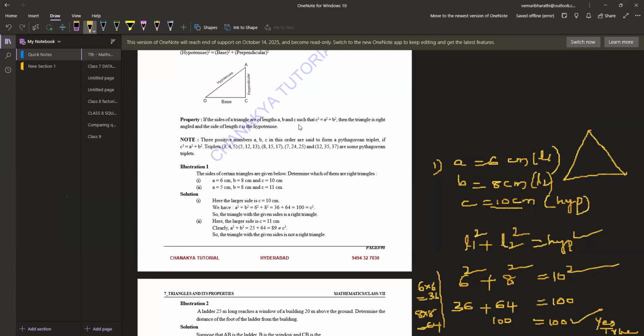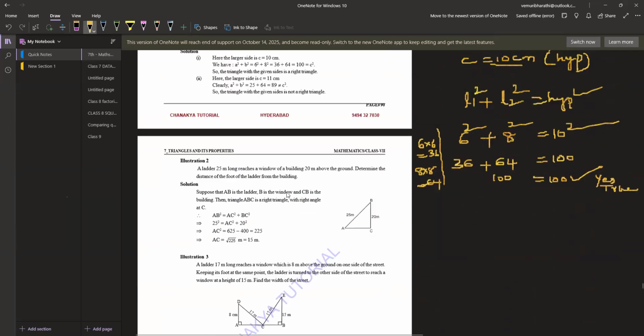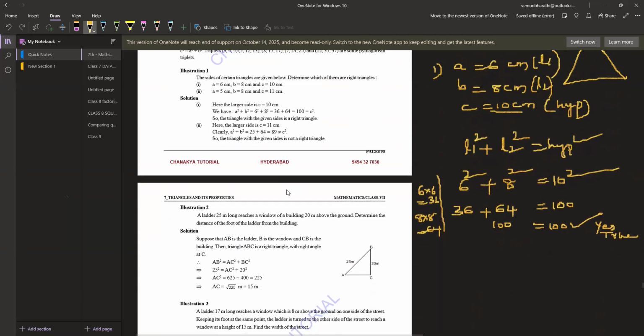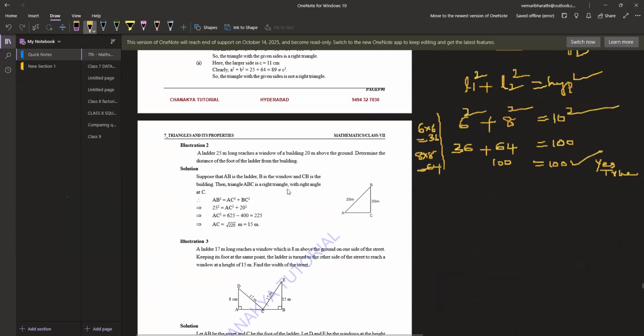Take pen and paper and solve it, children. It is 89. So it's not a right angle triangle.